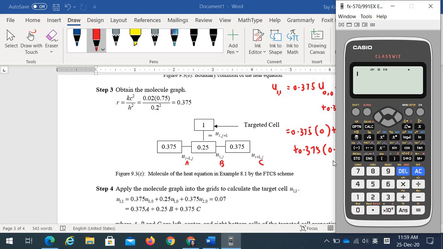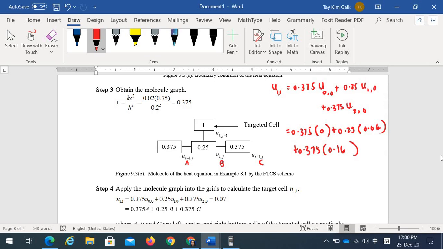I want to calculate this targeted cell here, U11. I just input the formula: 0.375, the left bottom cell, I represent as A. Center bottom, the 0.25, I represent as B. The right bottom cell, 0.375, I represent as C. And then I calculate.